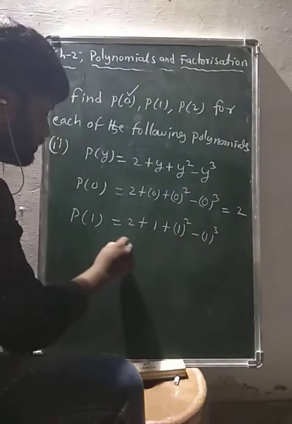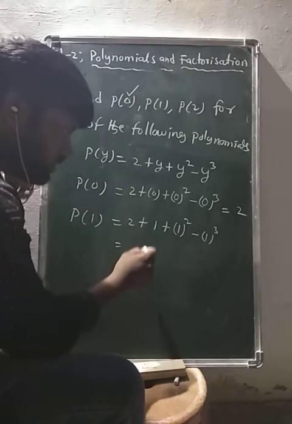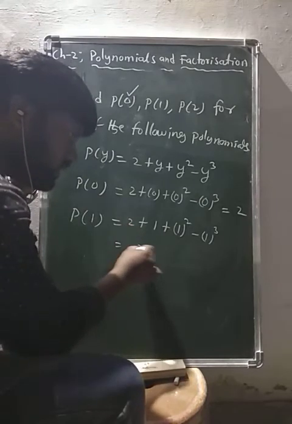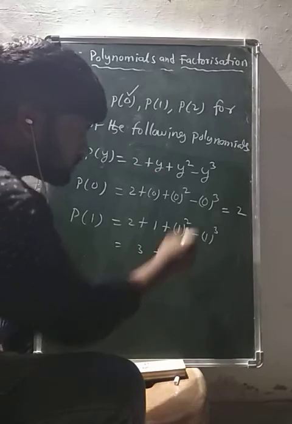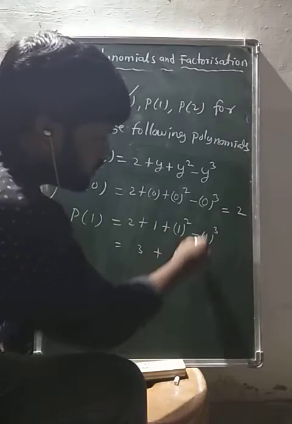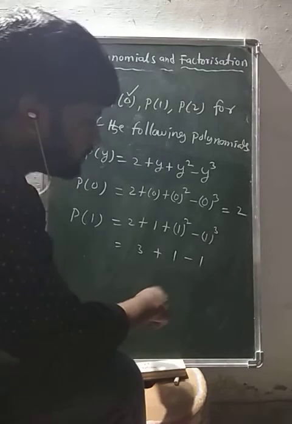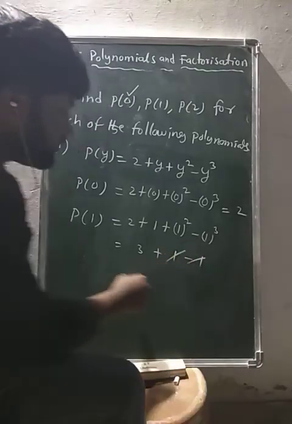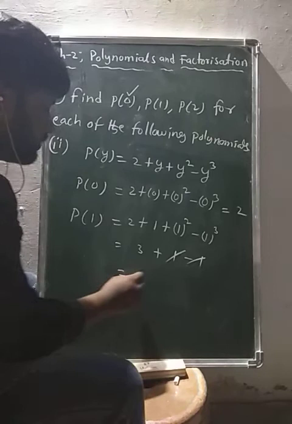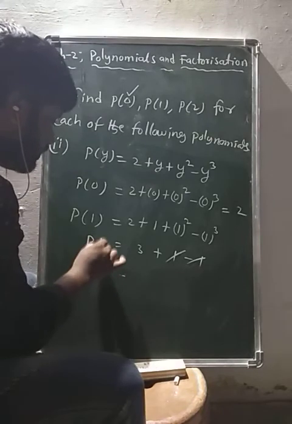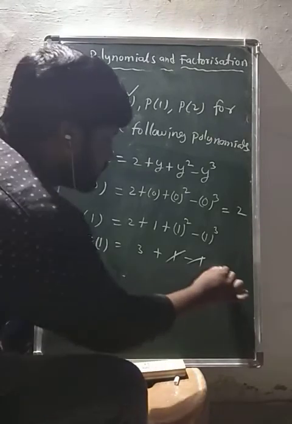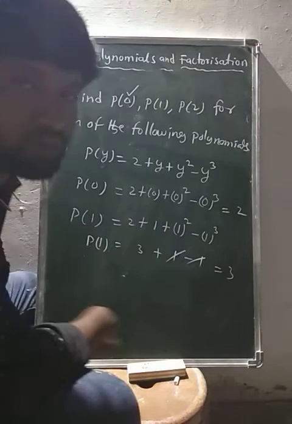So that is 2 plus 1, that is 3, plus 1 whole square means 1 only, minus 1 whole cube means 1 only. So clearly minus 1 plus 1 cancel, and P of 1 is equal to 3.